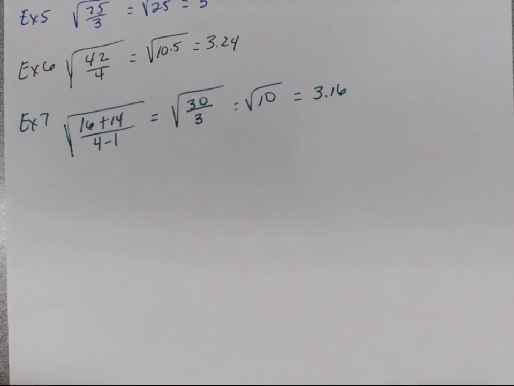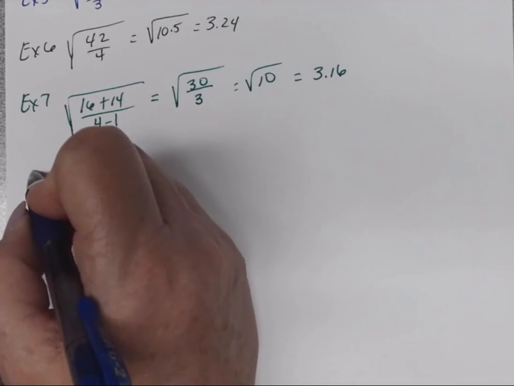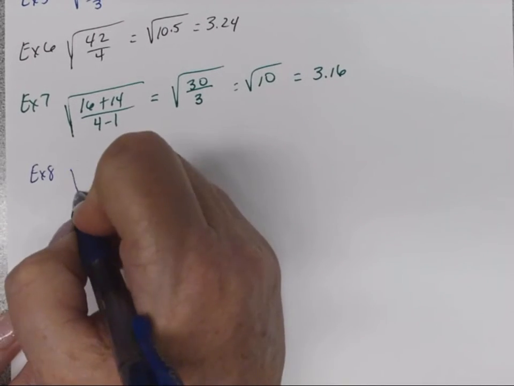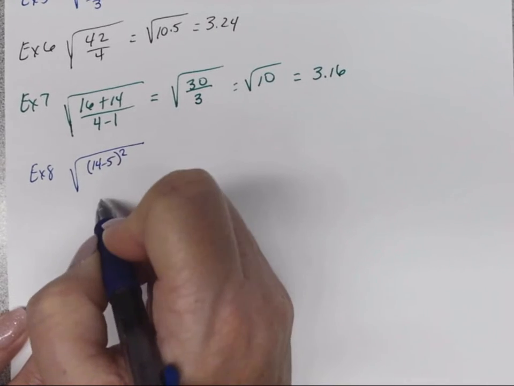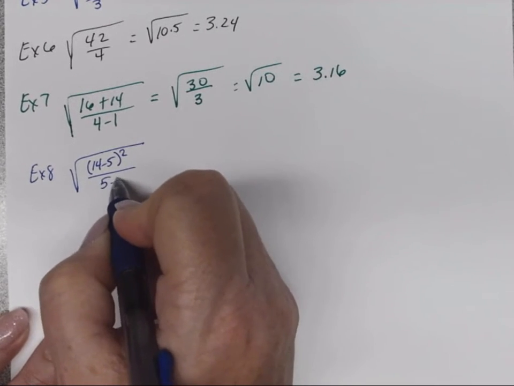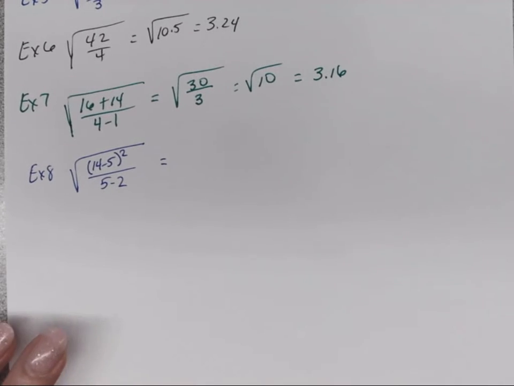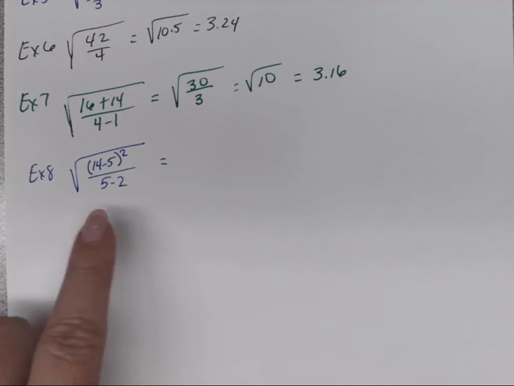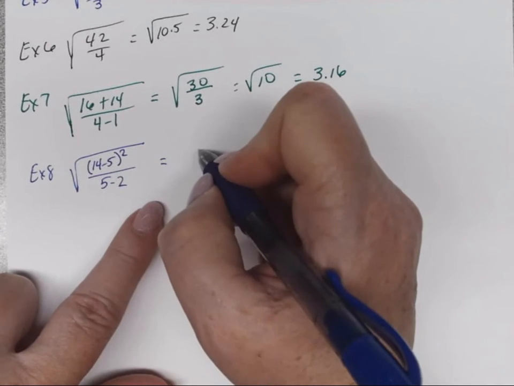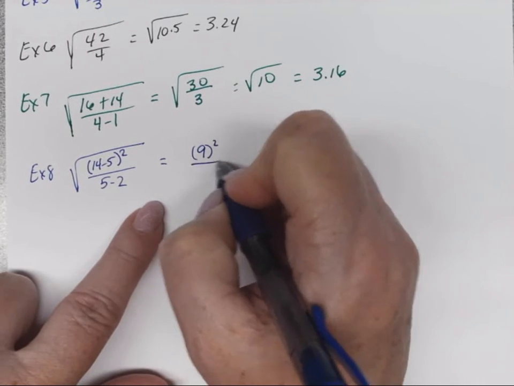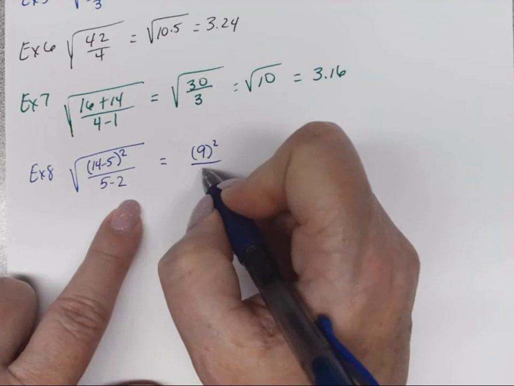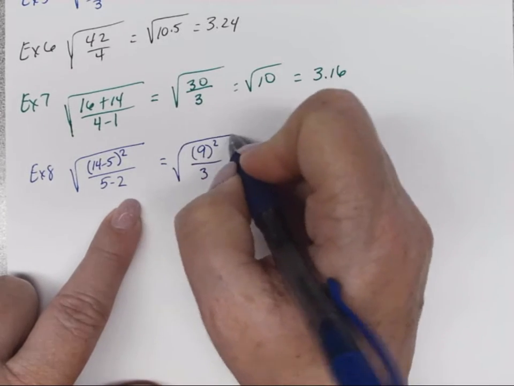All right, our next example, example 8, we have the square root of 14 minus 5 squared over 5 minus 2. Well, we have to follow our PEMDAS rules, so 14 minus 5 will get us 9 squared, divided by 5 minus 2 is 3, and that's all underneath a radical.